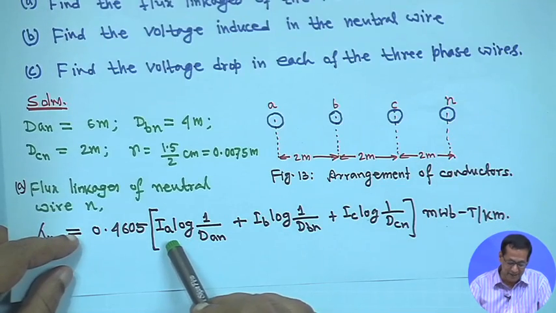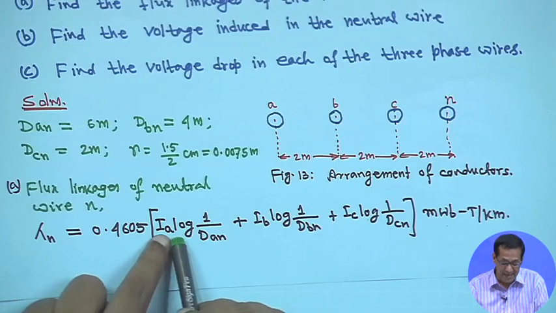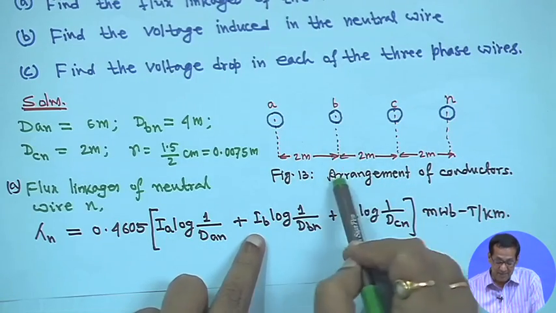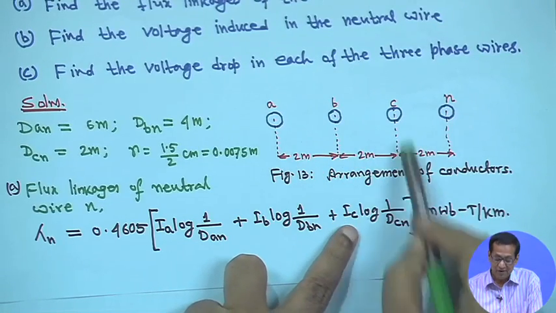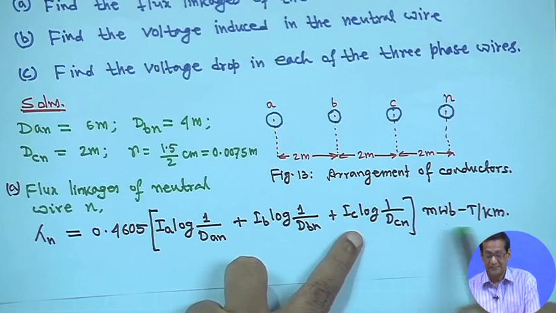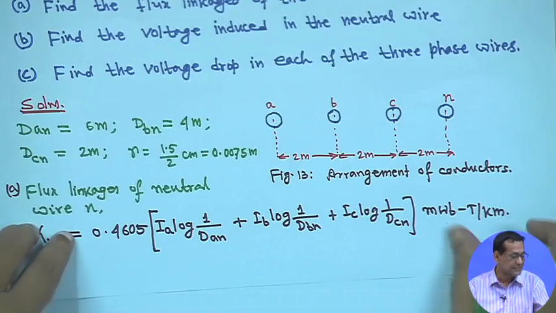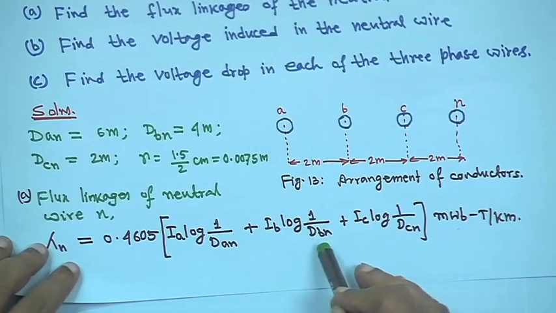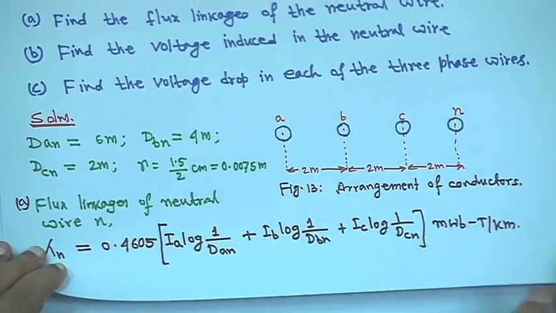So, lambda N is equal to 0.4605 times IA log 1 upon dAN, the A to N distance, plus IB log 1 upon dBN plus IC log 1 upon dCN, in milliweber turns per kilometer. In this expression you substitute dAN, dBN and dCN, all of which have been given.